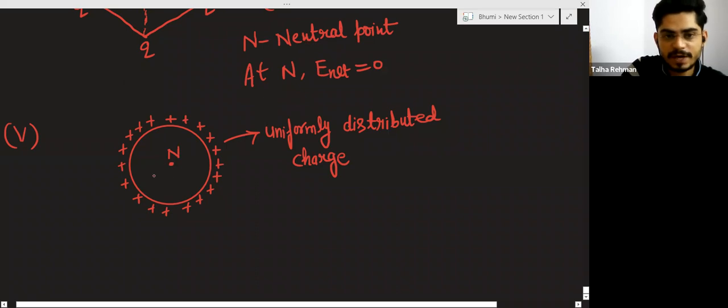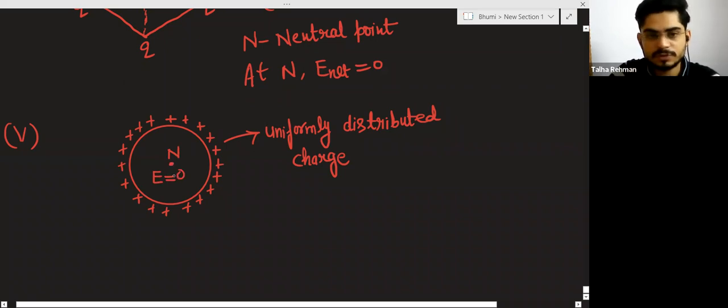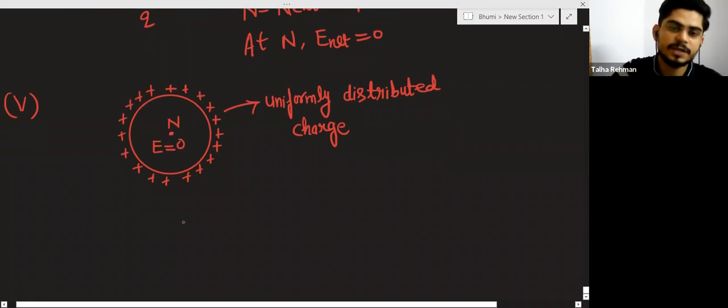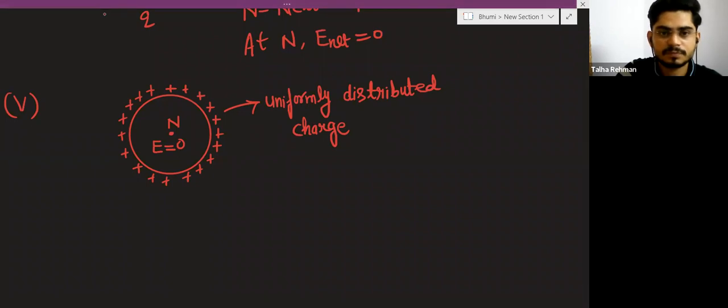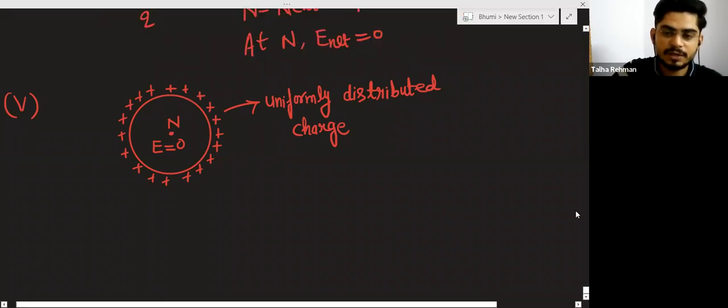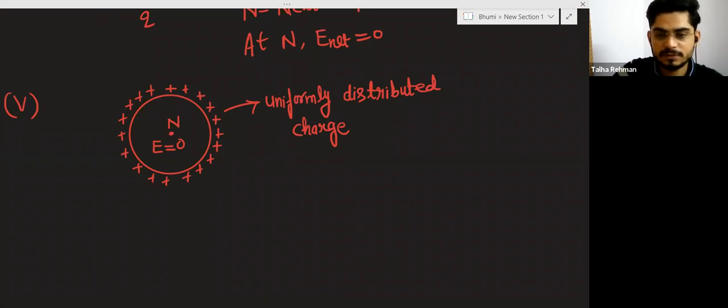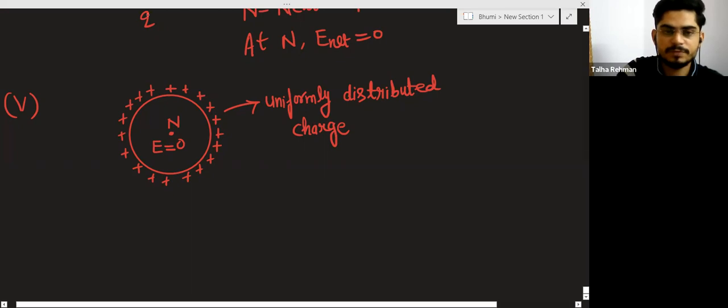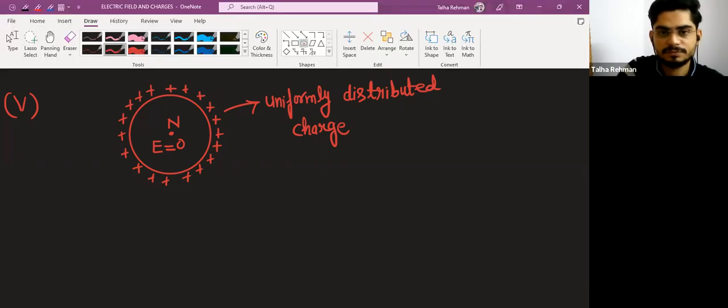Means E net at the center is equal to 0. Similarly, if you take negative charge, then also the electric field will be 0 at the center.